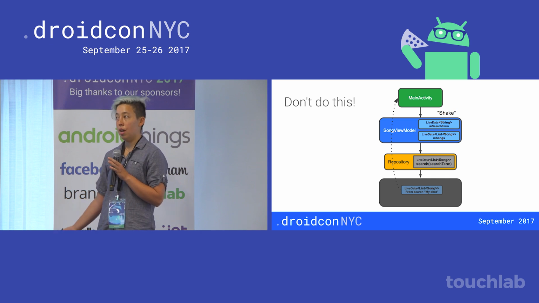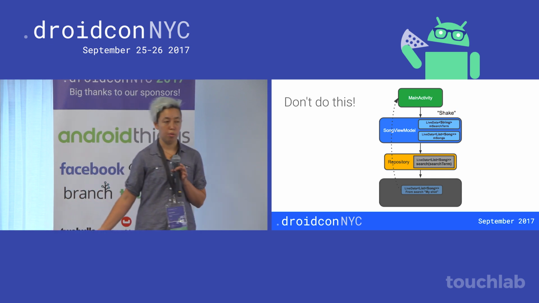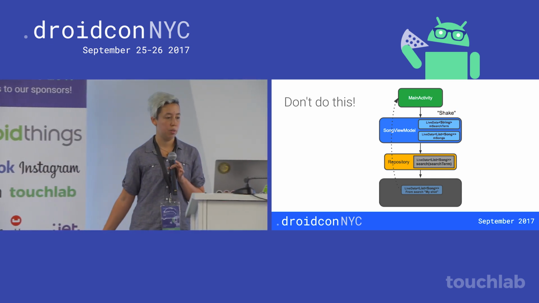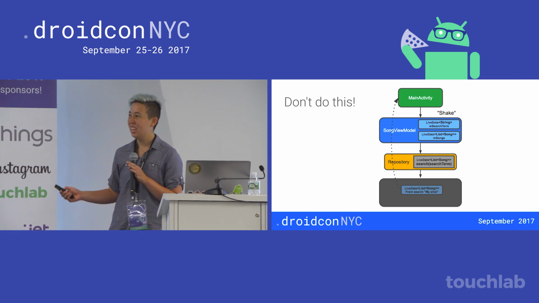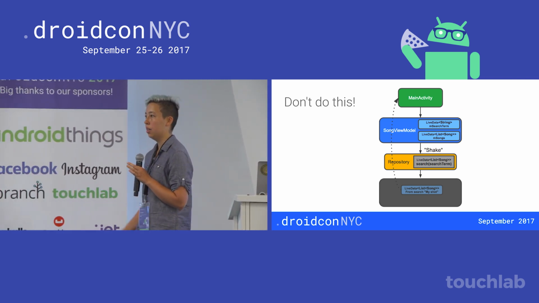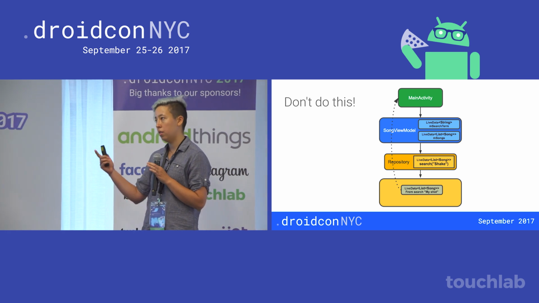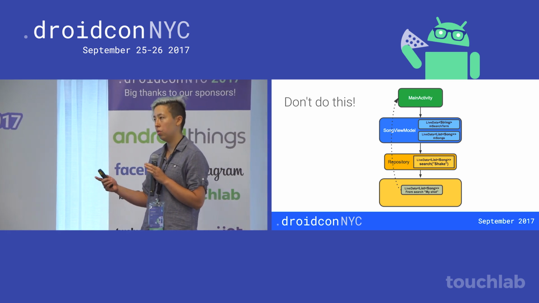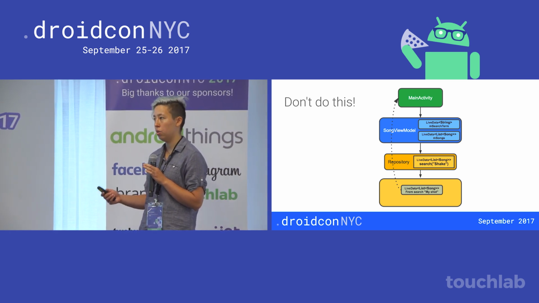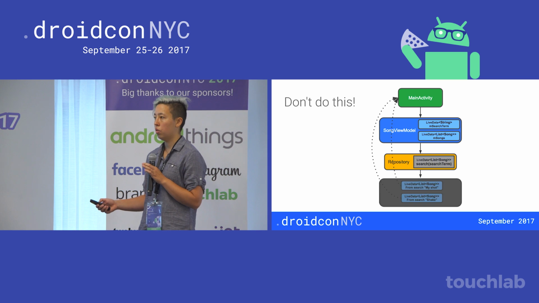Let's say that I'm in a Taylor Swift mood and I want to look for a song of hers, so maybe I'd search Shake. That's going to go through the same process where the activity tells the ViewModel to do a search, the ViewModel tells the repository to do a search, and the repository does a search for me.